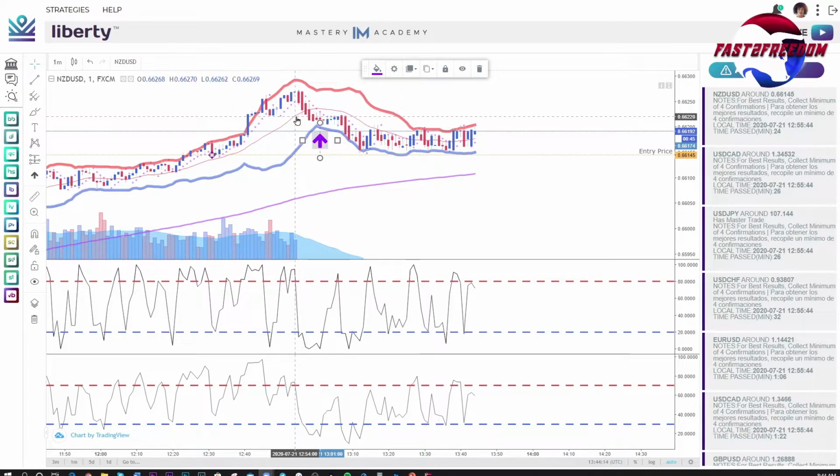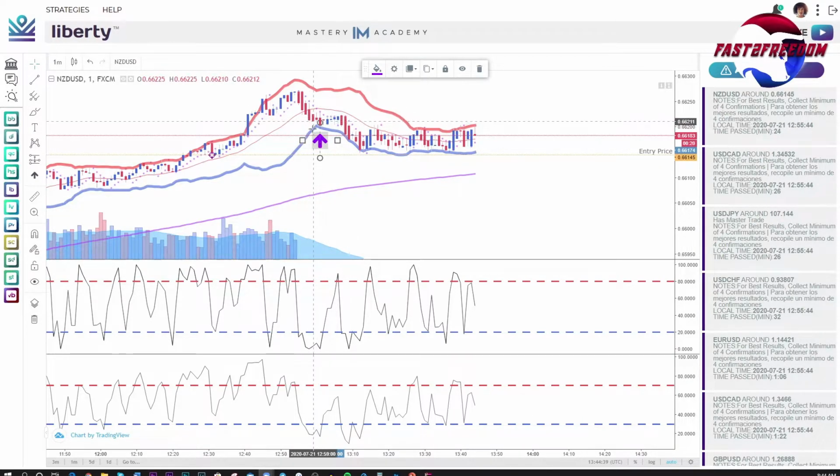You're like, okay, it touched the middle of the Bollinger Band, which is another form of a resistance and support area that we use as traders. Sometimes it bounces off that. Also, once it passes through the middle of the Bollinger Band, we're getting set up for a buy opportunity.